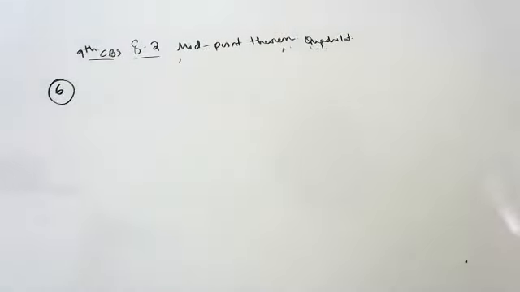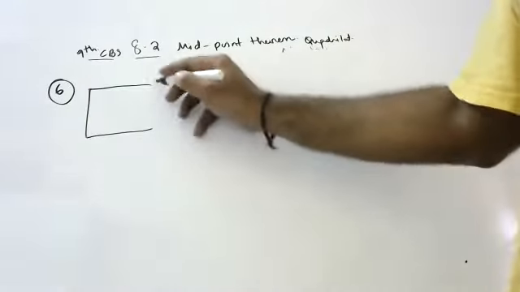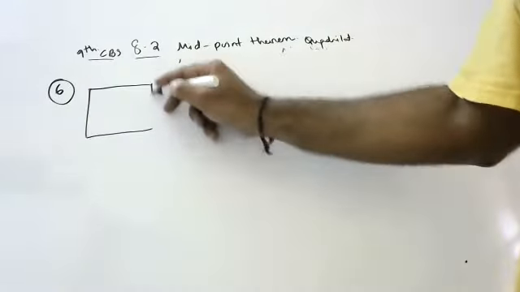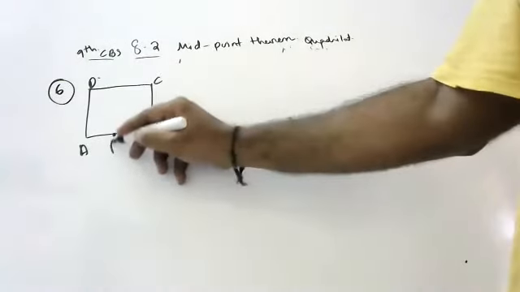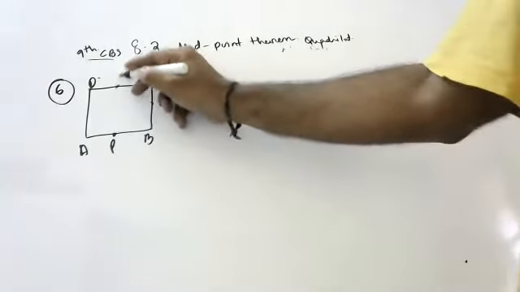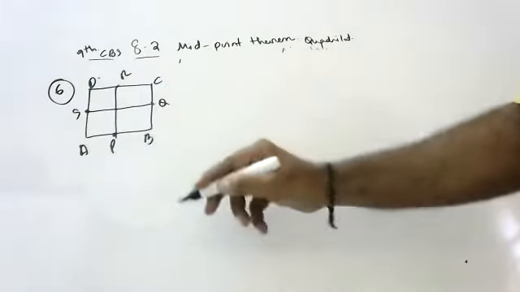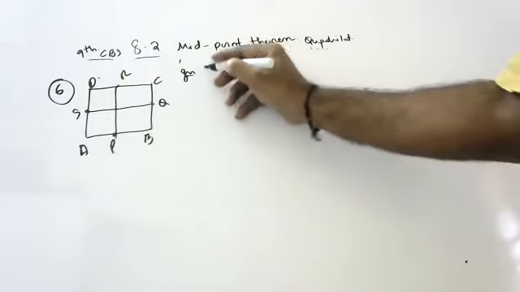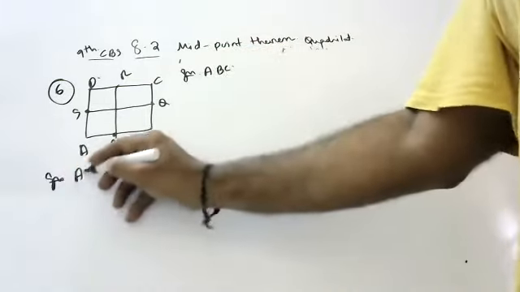Sixth question, children. Show that the line segments joining the midpoints of the opposite sides of a quadrilateral bisect each other. Children, they have given some quadrilateral ABCD.